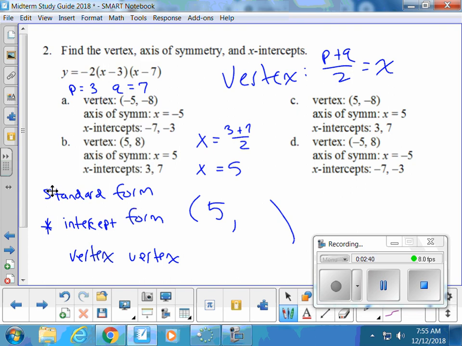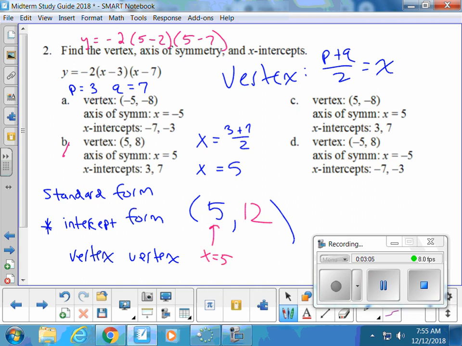Plug it in. Very good. She remembers. So we're going to take that 5 and plug it back into the original formula everywhere we see an X. So it ends up being negative 2 times 3 times negative 2, 12. And your axis of symmetry always is just that X value of the vertex.